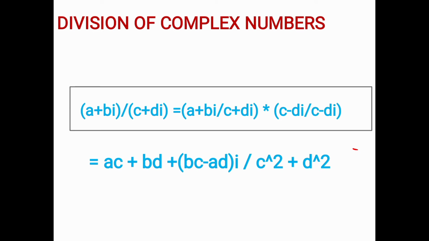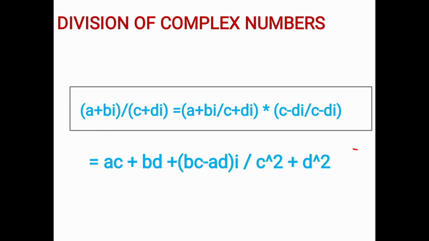Next, we are getting (a + bi) into (c − di) as the numerator. After multiplication, we get ac + bd, (bc − ad)i, just like the earlier formula. And in the denominator, we have (c + di) and (c − di).